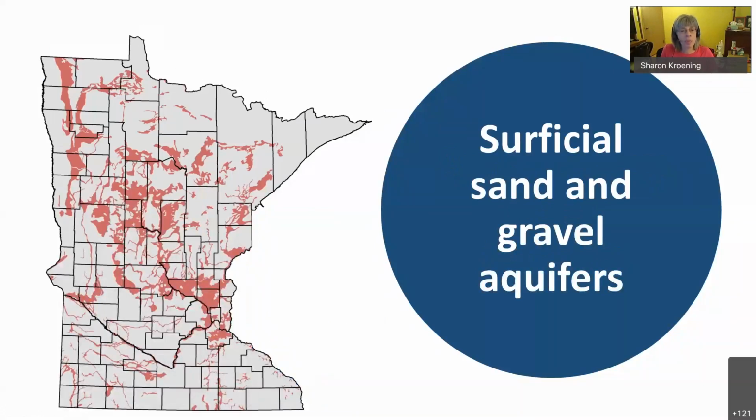And the bulk of our network focuses on the superficial sand and gravel aquifers, which are located throughout the state, but are mainly concentrated in the central part of Minnesota. And for our superficial sand and gravel aquifer monitoring, we take into account both the land use and the type of materials that make up these aquifers when designing our network.